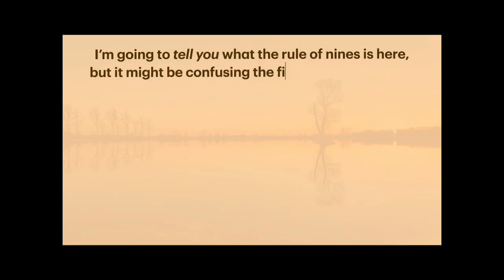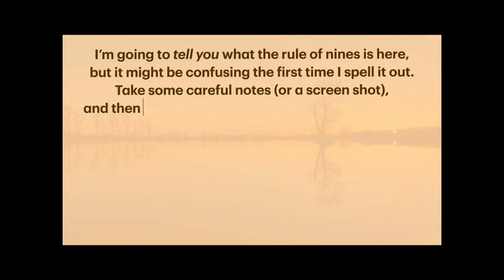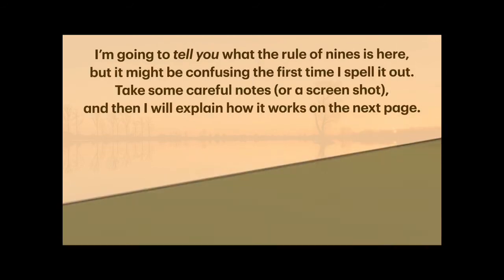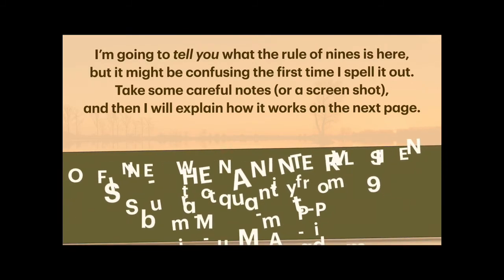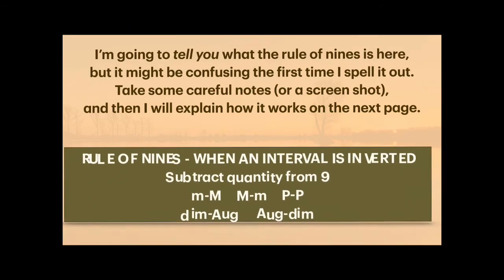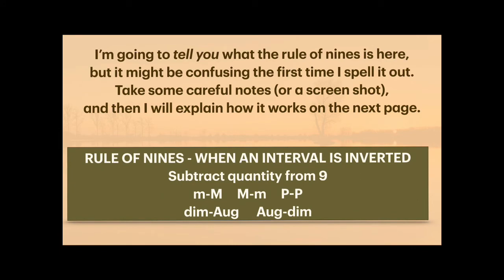I'm going to tell you what the rule of nines is here, but it might be confusing the first time I spell it out. Take some careful notes or a screenshot, and then I will explain how it works on the next page. This is the rule of nines. When an interval is inverted, turned upside down, we can subtract the quantity from 9.